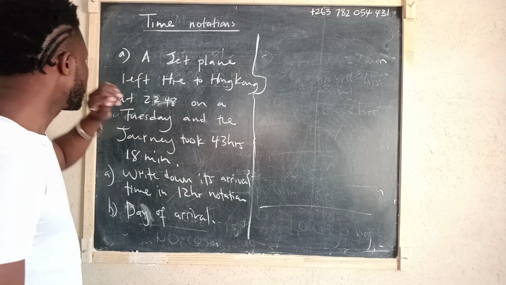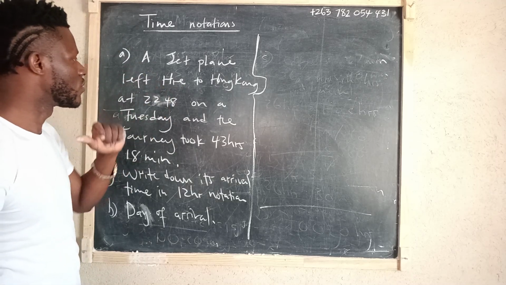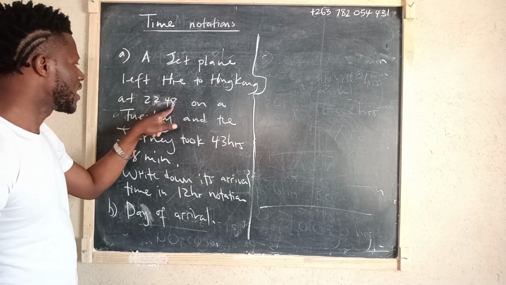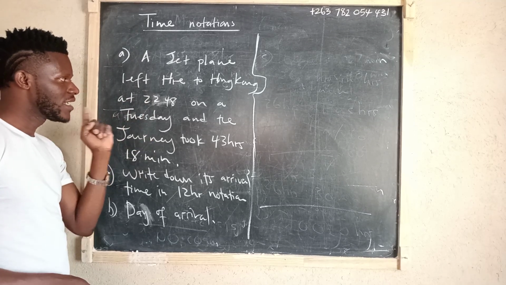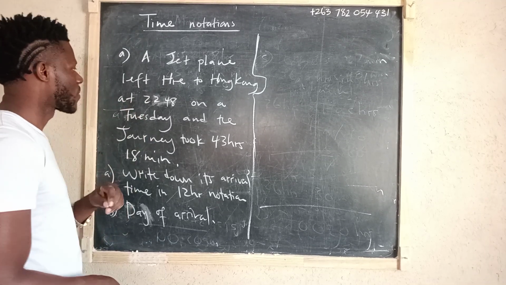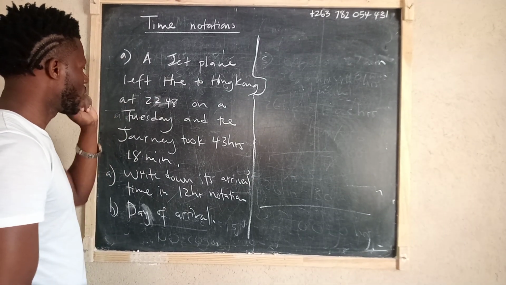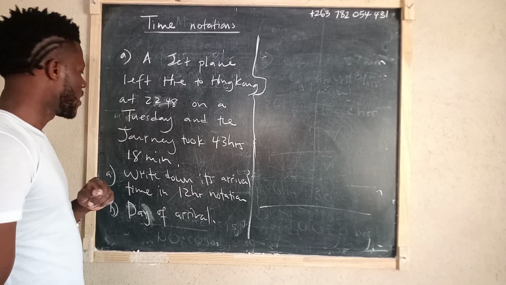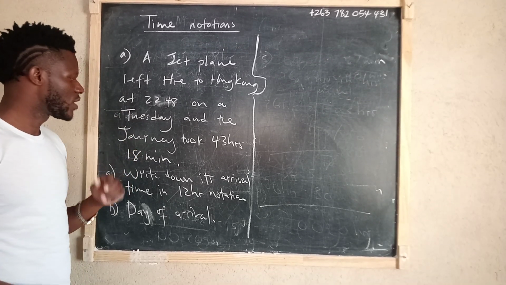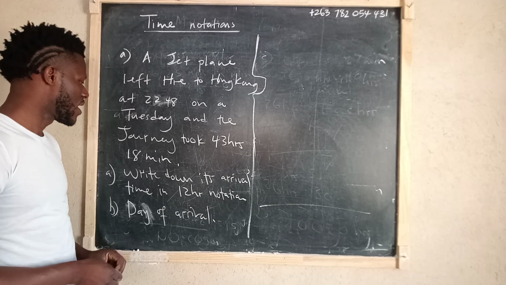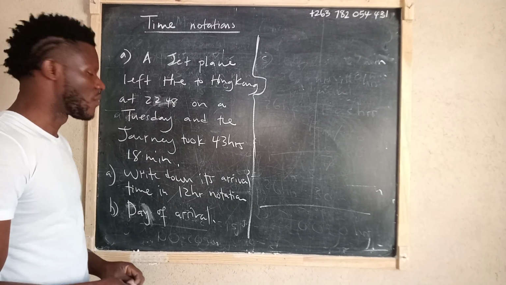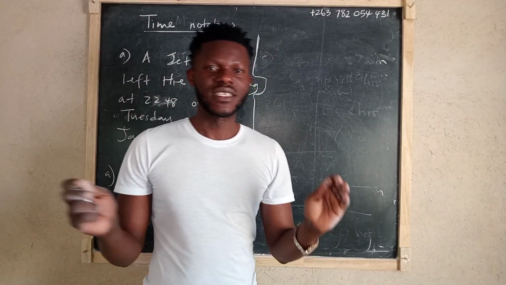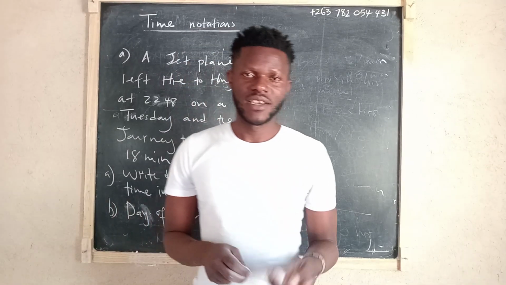So, a jet plane left Harare to Hong Kong at 22:48. That was at night, and the day was nearly ending. 22:48 on a Tuesday, and the journey took 43 hours 18 minutes. Write down its arrival time. You create a simple problem like that, especially one you are involved in.